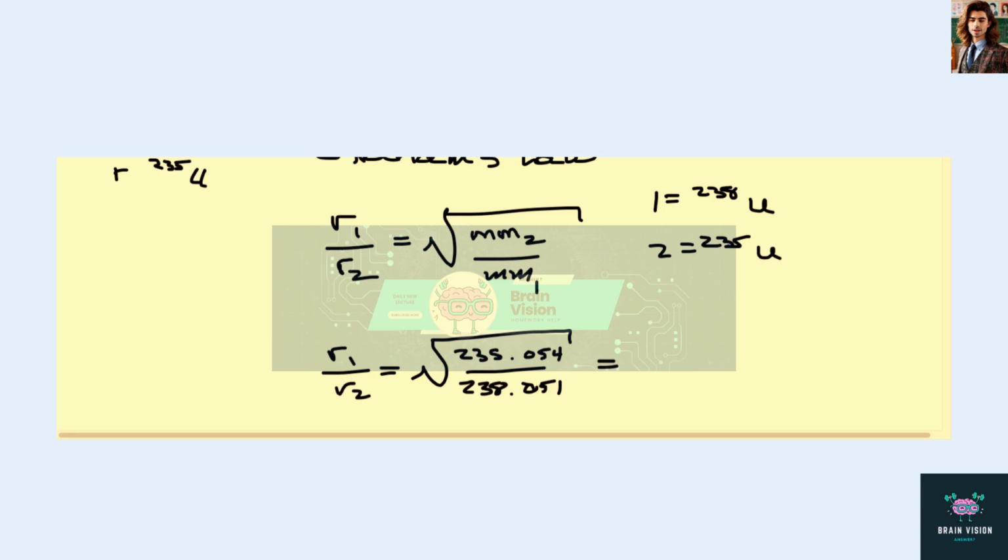So we can have a really large number of decimal places here. To 6 significant figures, it's 0.99365. So this is the ratio, and you can see what this means is that uranium-238 effuses at a rate of about 99% that of uranium-235. They're pretty close to one another.